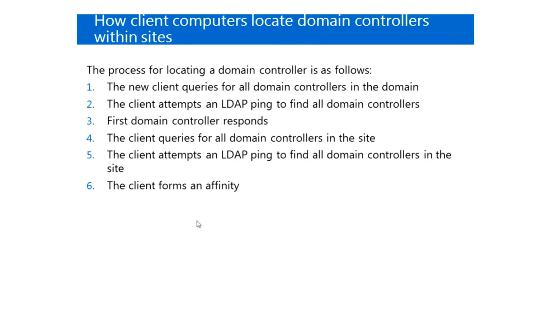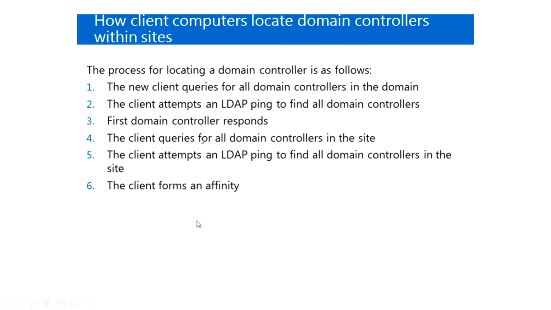Let's say you have a primary and secondary. If the primary is down, it will try to contact the secondary, and if the secondary is reachable, then it will authenticate. The first domain controller responds. Based on the primary and secondary, if the first one is reachable, then it will contact the first domain controller.